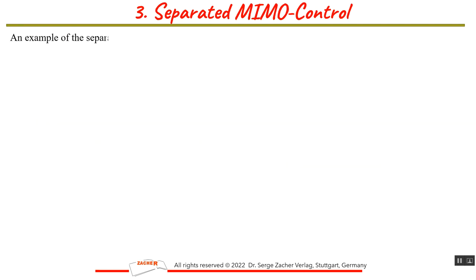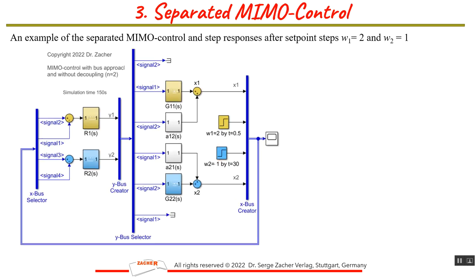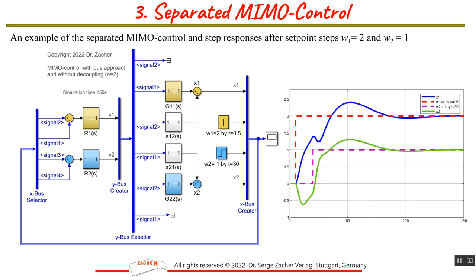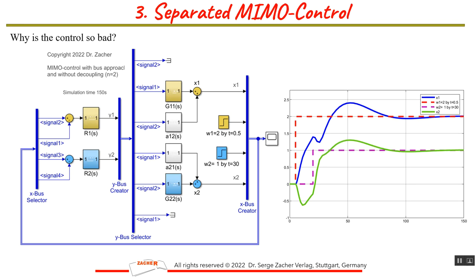Here is shown an example of the separated MIMO control and step responses after steps of both setpoints W1 and W2. Why is the control so bad?